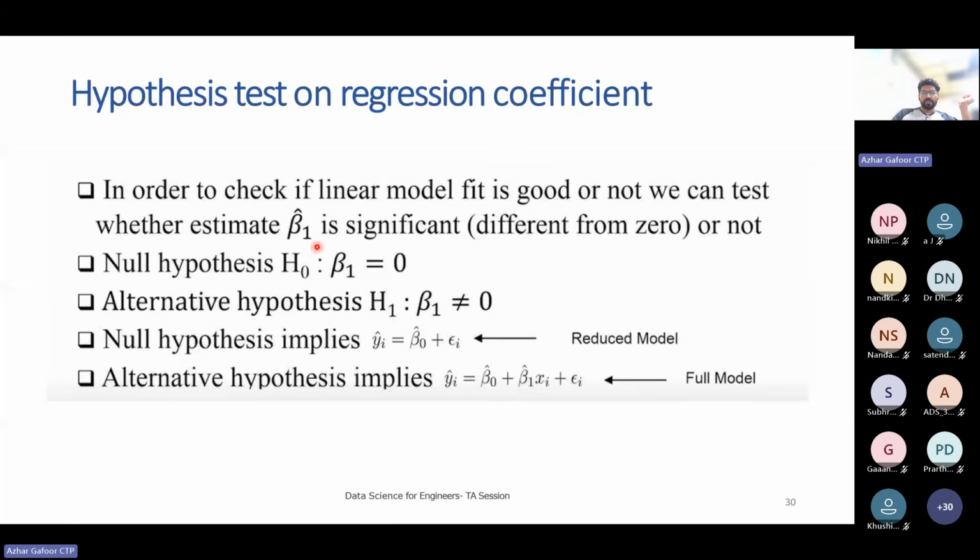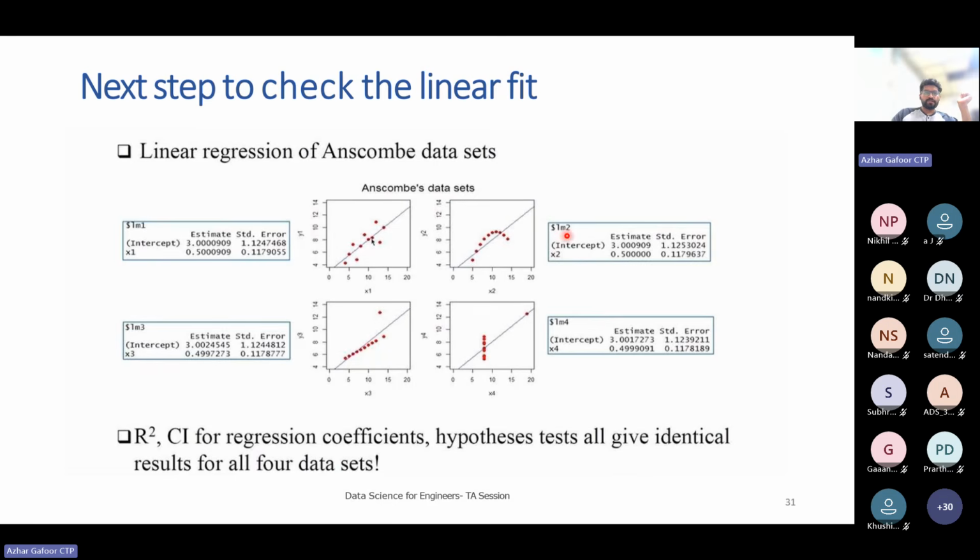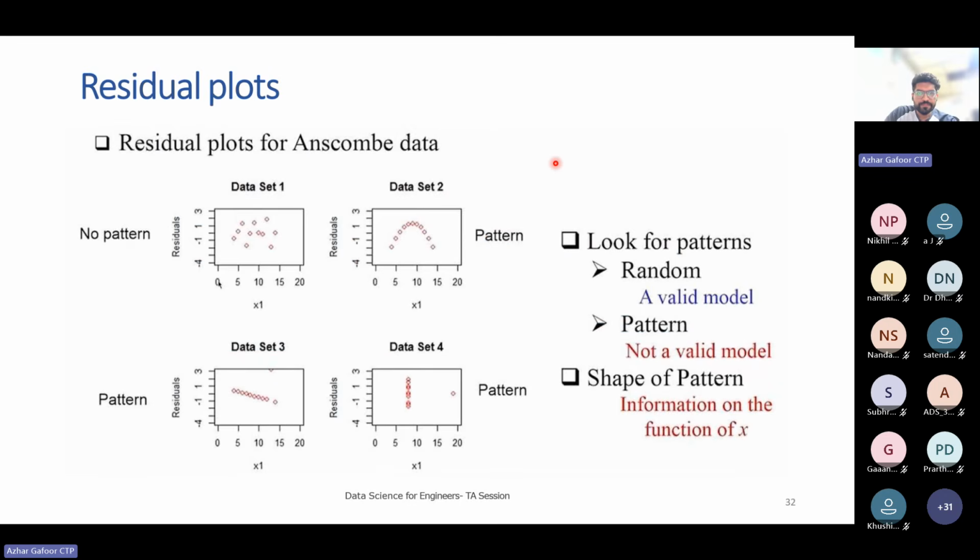When beta 1 equals 0, our model reduces to just the predicted value equal to beta naught plus the error. Our alternate hypothesis, where beta 1 is not equal to 0, means that our full model prevails. So we'll check both the cases and we'll see the R square.